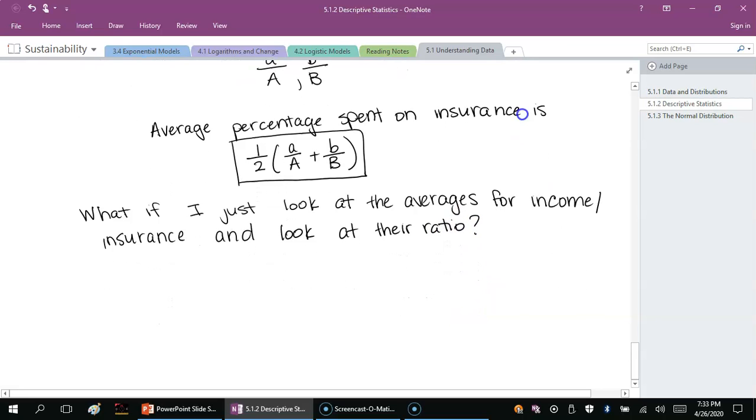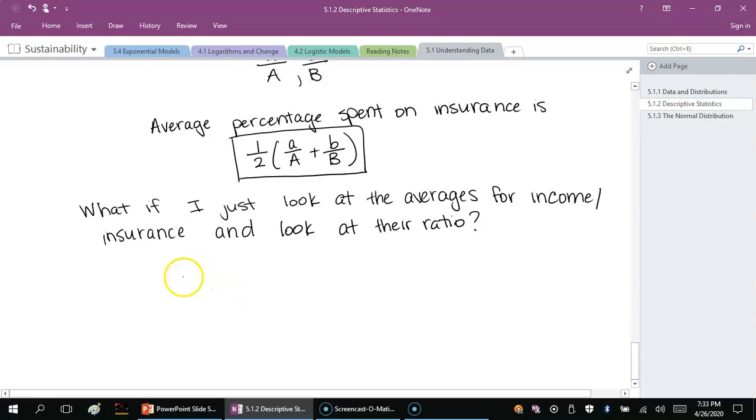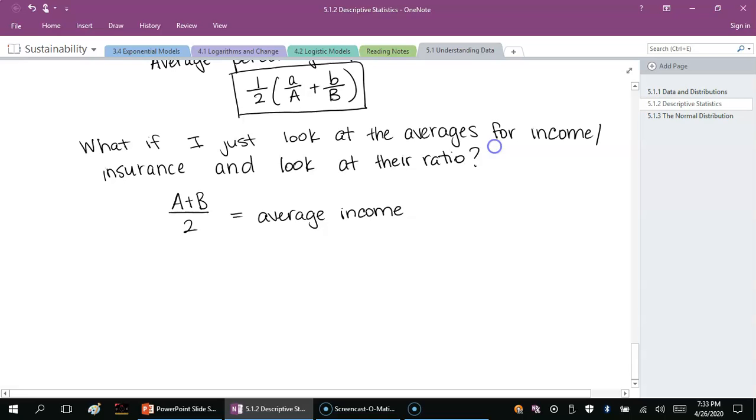Let's see what we get. So the averages for income, that would be A plus B over 2. And the average amount spent on insurance would be little a plus little b divided by 2.